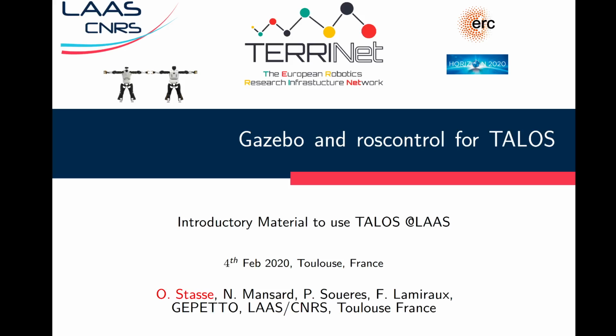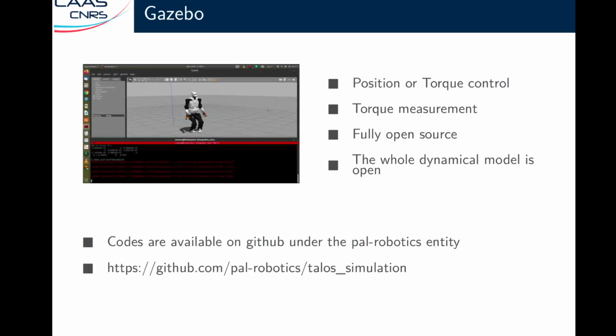In this video, I will introduce you how to use our TALOS robot at LAAS with ROS control and Gazebo. So you can prepare your experiment on the robot displayed on the left with Gazebo, and this simulator will provide you position and torque control.